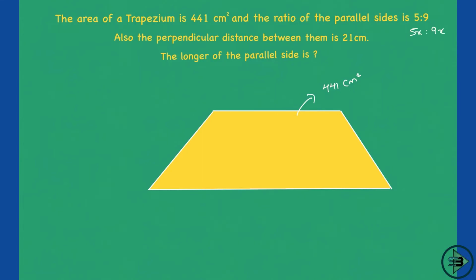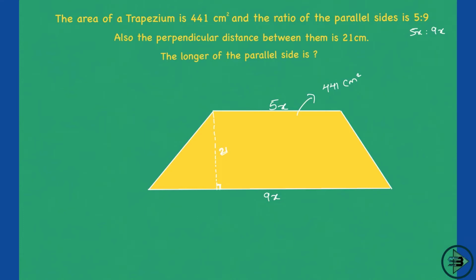The value could be 10, 18, or multiplied by 3, so 15 and 27. So I don't know the value, so I'll multiply by one number. This becomes 5x and 9x. Also the perpendicular distance between them is 21. The perpendicular distance between the two is given to be 21.